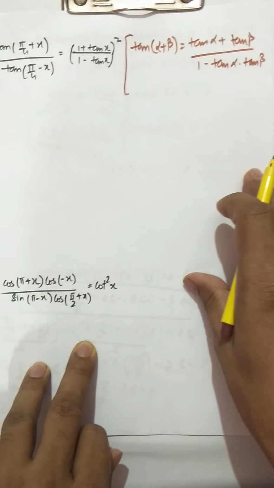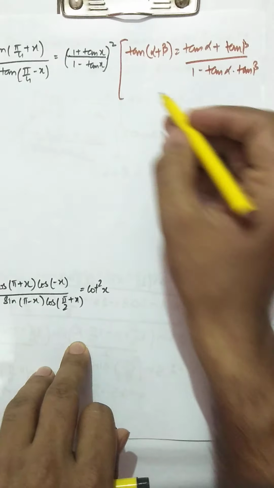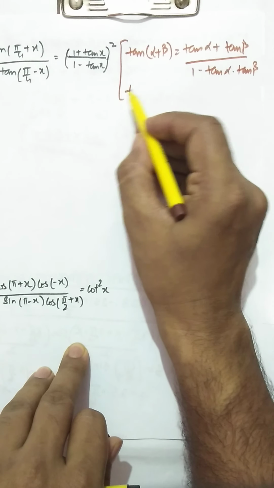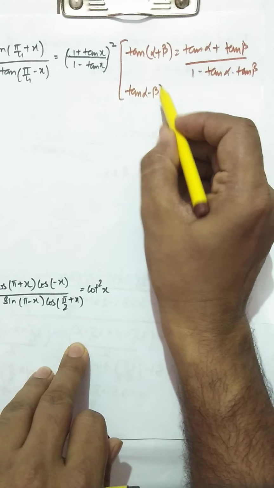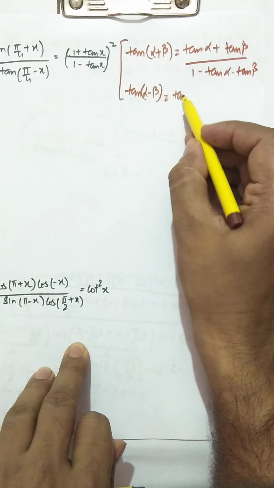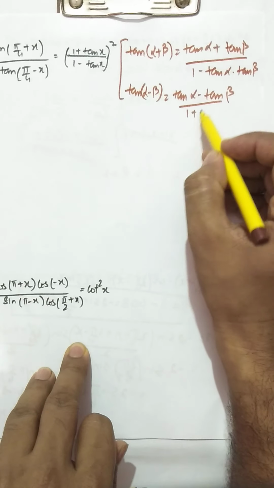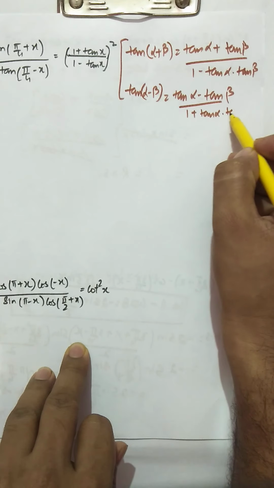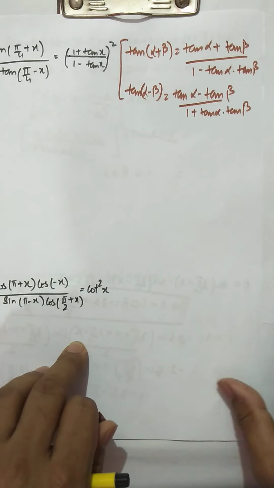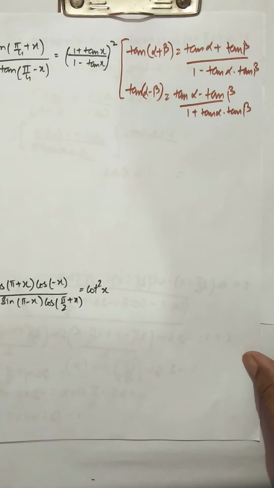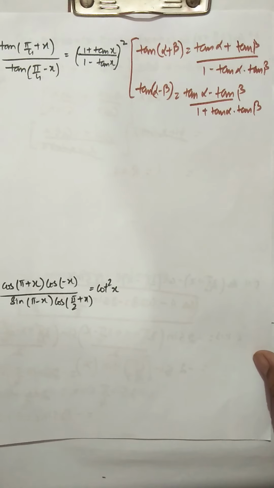And tan(alpha minus beta) is tan alpha minus tan beta upon 1 plus tan alpha into tan beta. So these are the formulas that we are going to use here.